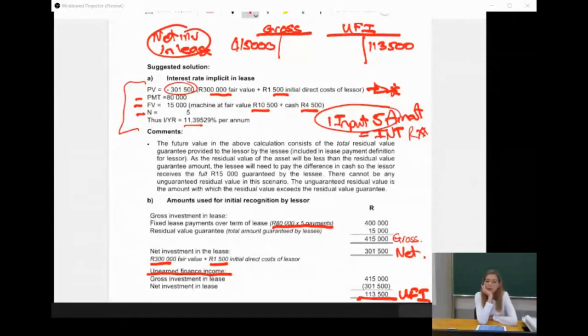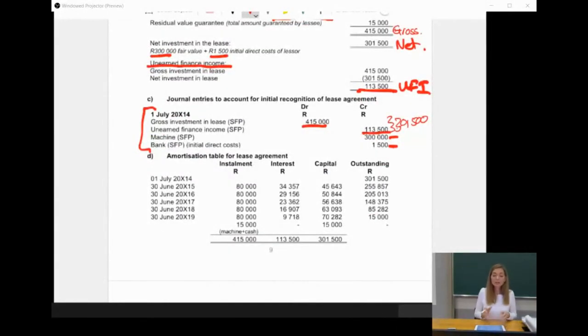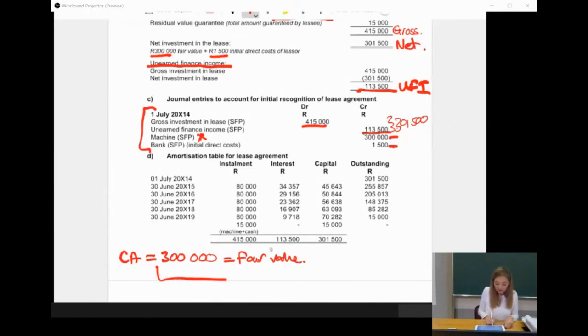How would the journal look if there was accumulated depreciation on the asset leased? If that was the case, then obviously in this case what happened was we purchased the machine on the same day that we started leasing the machine out. So if that was not the case, let's say for example that the carrying amount of this machine was 300,000, which was also the fair value, but that carrying amount actually consisted of the original cost of, let's say, 400,000 and accumulated depreciation of 100,000.